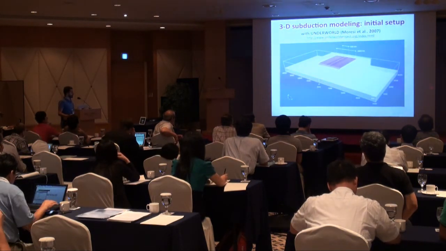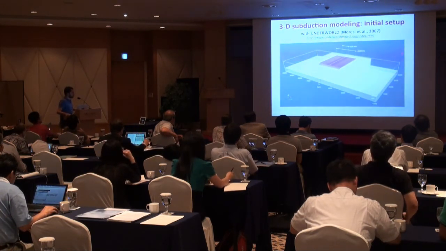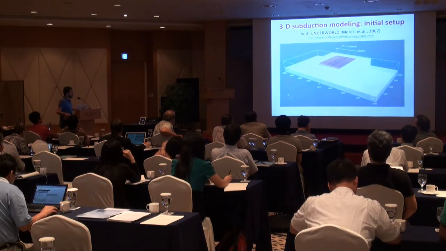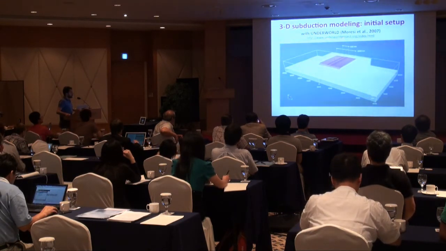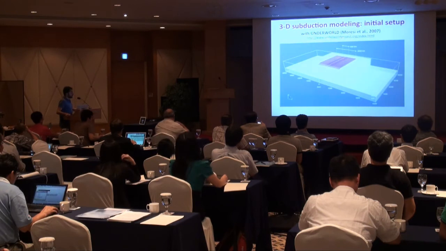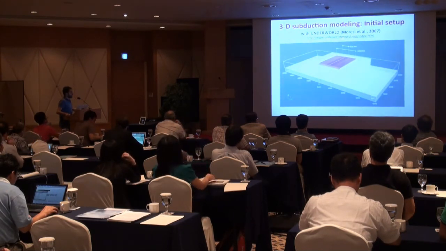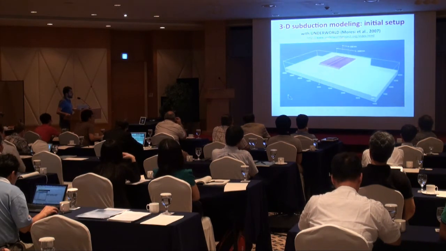So this is the initial setup of our flow model. This is the computational domain. We use Underworld to compute 3D mechanical models. This is the oceanic plate that is subducting. We impose different widths of the plate. And so the plate here has a perturbation, and then the system is left to run dynamically.